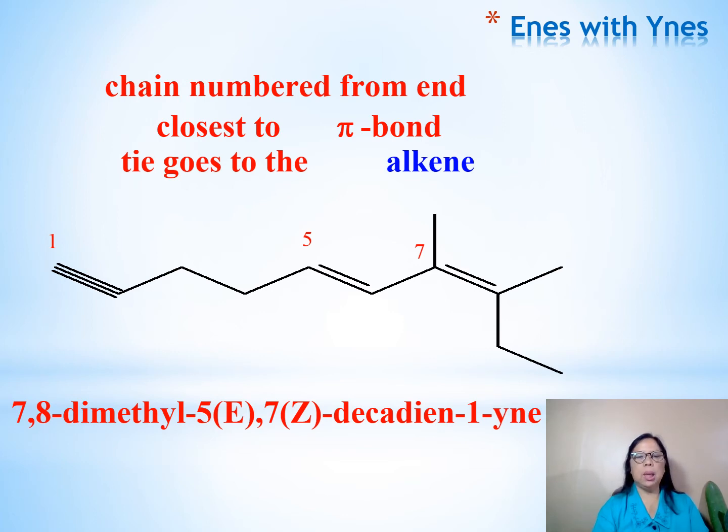So the name of this structure is 7,8-dimethyl-5,7-decadien-1-yne. Or it could just simply be read as 7,8-dimethyl-5,7-decadienyne. Never mind the 1.